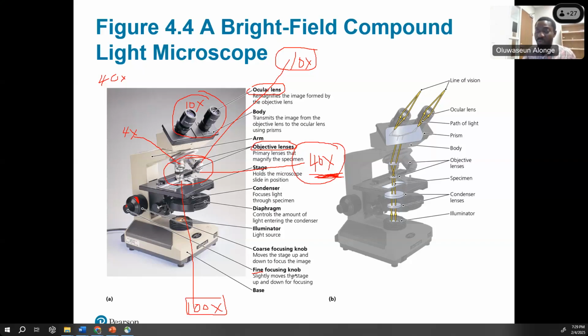This is the one that helps with resolution. And then this one is rough; it's called the rough or coarse adjustment knob. It's either adjustment knob or focusing knob, it's the same thing. This is the stage where you put a specimen, and it has a clip, which we call the stage clip. All right, let's go.